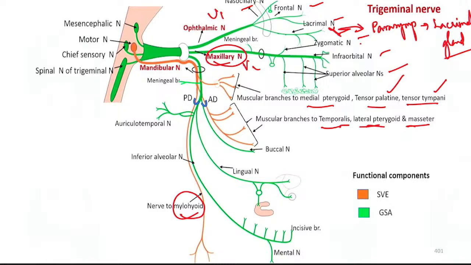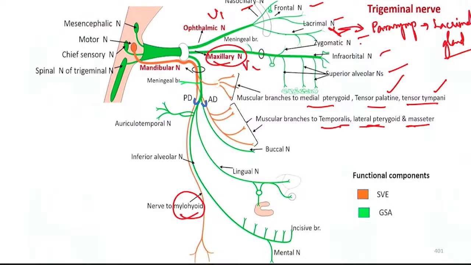This lacrimal nerve and zygomatic nerve give off preganglionic parasympathetic innervation. Okay, preganglionic parasympathetic innervation to the lacrimal gland. Why?